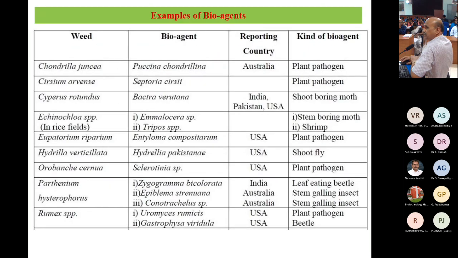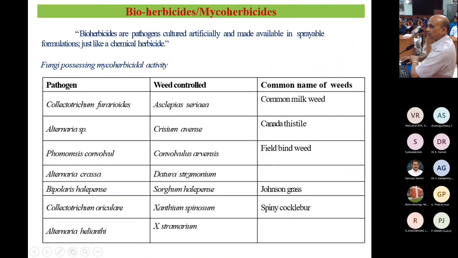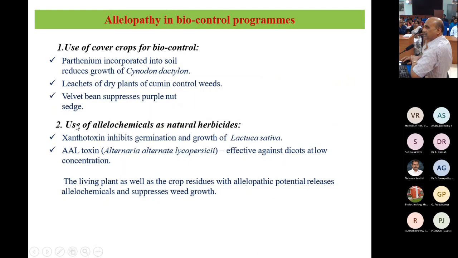And apart from this, these are some photographs showing the bioagents used in order to control weeds. So Divine and Collegio, these two are commercially available products used in order to control weeds. And allelopathy property is also exploited in order to control weeds.